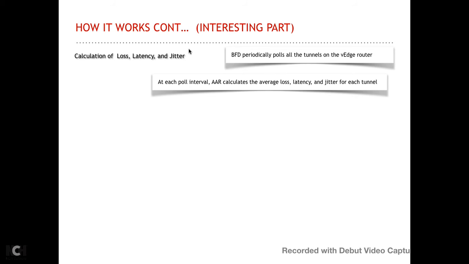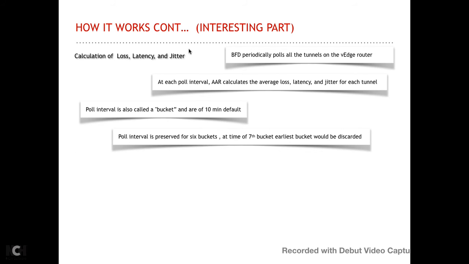If I say 10 minutes, you can think about the BFD packet, which is of 1 second, and for every 1 second you are sending a BFD packet between the devices. So for 1 minute, you have 60 packets, correct? And then in 10 minutes, it's 600 packets. So 600 packets are getting stored in a virtual bucket, which is called a poll interval.